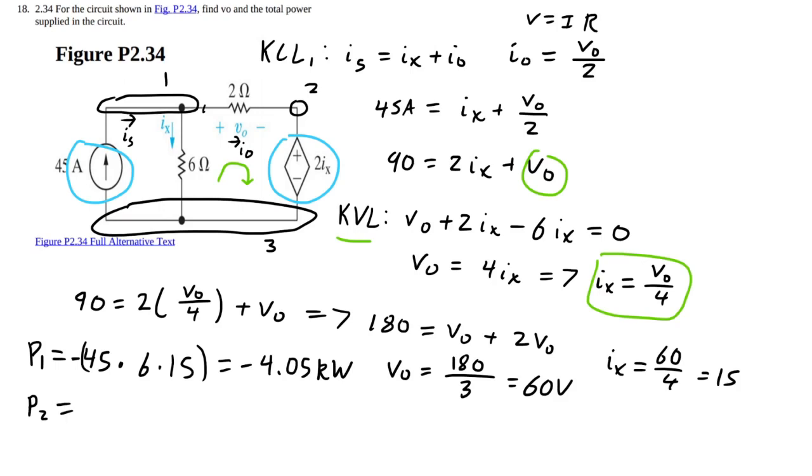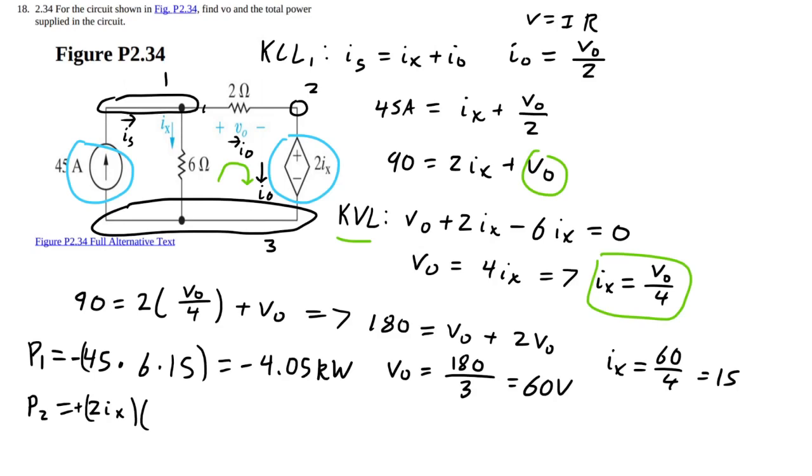And P2, we use a similar process. We're going to have 2IX, which is the voltage supplied by that source. And then you have to consider the direction of the current. So if there's a voltage drop across IX here with IO going this direction, then we're going to have a plus up front.